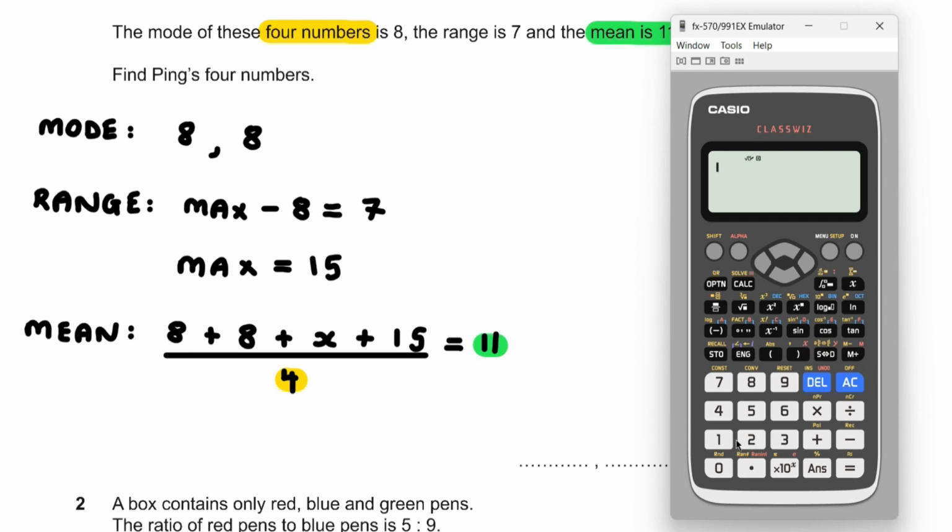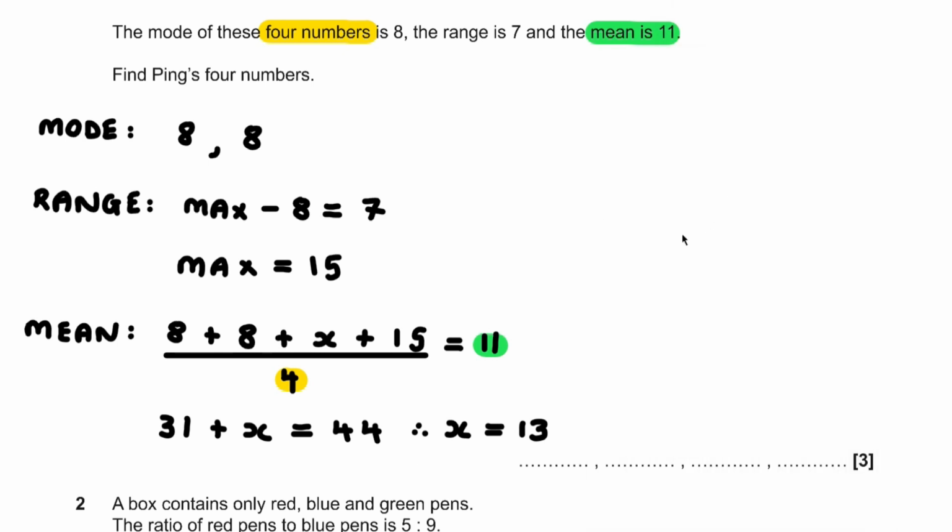So if I do 11 times 4, I get 44. So I've got 8 plus 8 plus 15, that's 31. So 31 plus x equals 44, which means x is equal to 13. So my four numbers are 8, 8, 13, and 15.